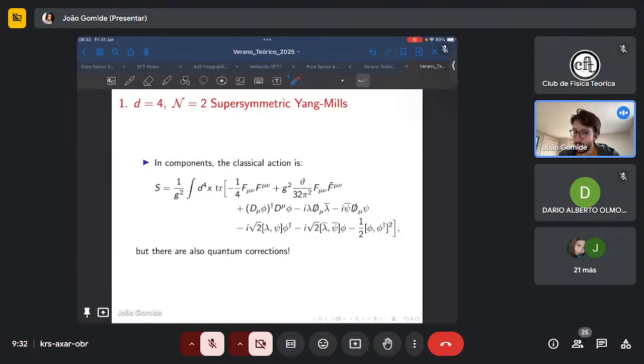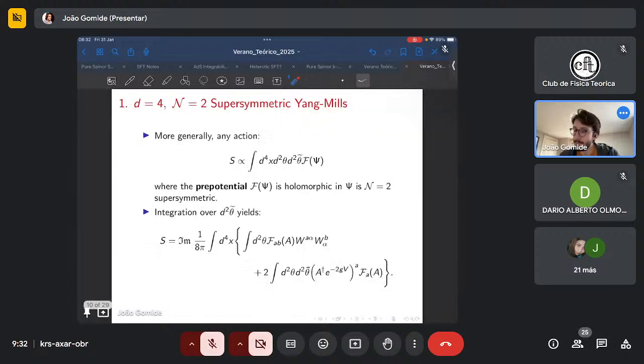I want to discuss what these quantum corrections are. As I said, this is basically the thing that I said before. The quantum corrections may add a function of psi to the theory. For general F, the expression will look like this.